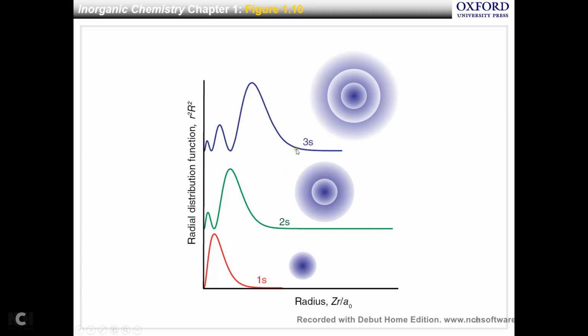Now 3s. Remember the wave function of 3s is 27 minus 18r plus 2r squared times e to the power of negative r over 3. So you need to square that, and then the result multiplied by r squared. You get the distribution function of 3s.